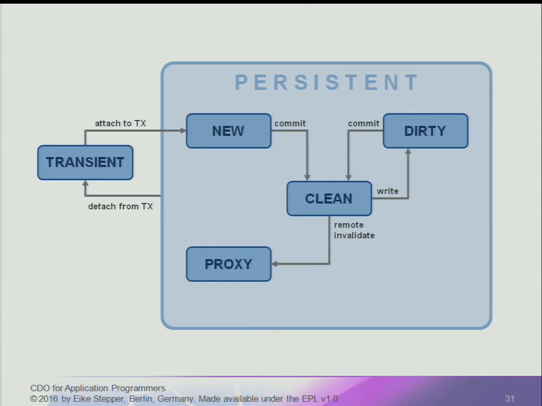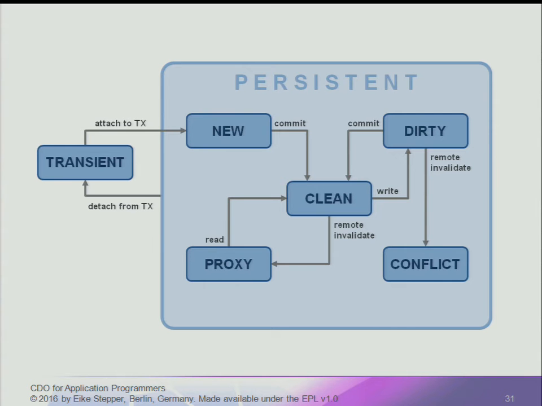Then you remember that the model repository notifies other EMF clients, other CDO clients. When that happens, loaded objects go into a proxy state. That basically means the revision pointer is set to null. And when your application calls a getter on this object, it is read from the repository and it gets into the clean state again. What happens if this remote invalidate event happens in this dirty state?